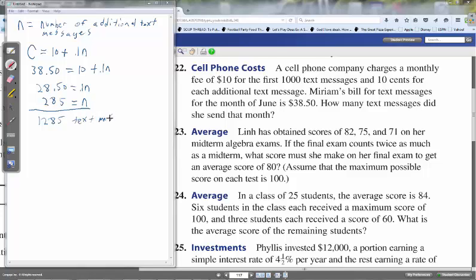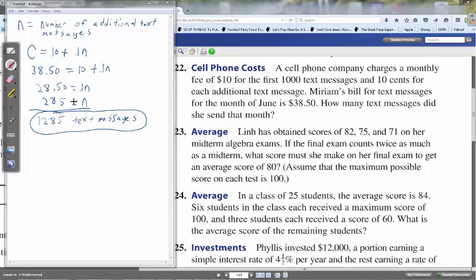Because remember, the only way we get charged anything in addition to $10 is if she went over 1,000 text messages. And there we go. That is the answer. 1,285 text messages. We read the problem, assigned a variable, translated into an equation, solved the equation, and then interpreted.